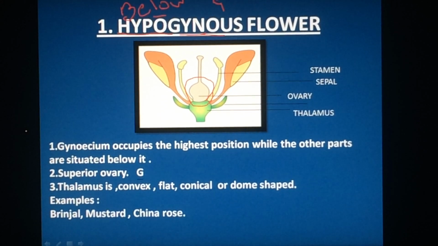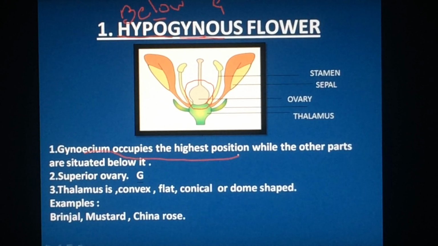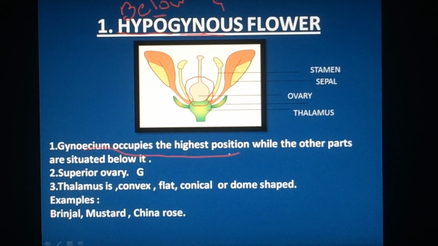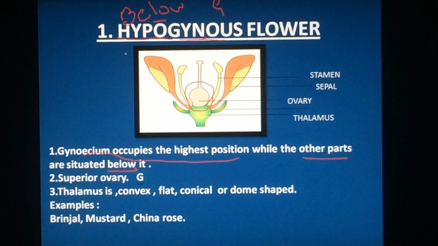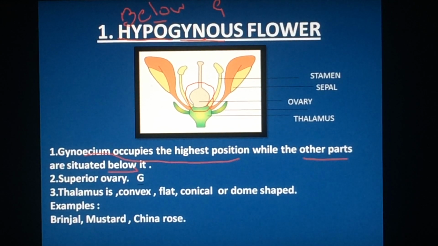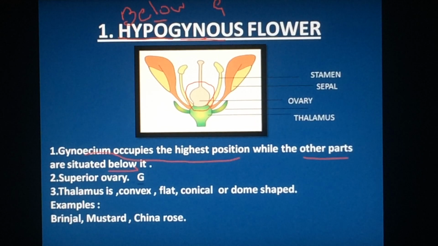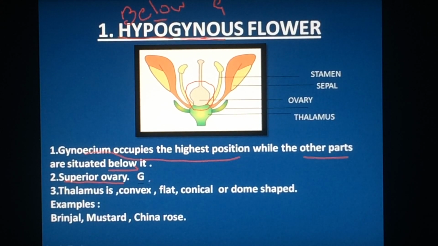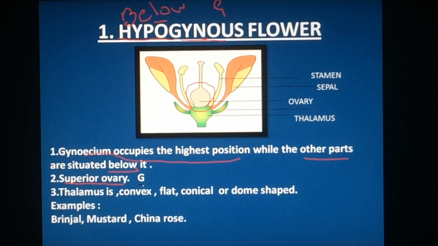Gynoecium, where gynoecium is at the highest position, top position. All other parts are present below it. That's why the name hypogynous. And ovary is at topmost. That's why it is called as a superior ovary. It is denoted by capital G. Below that line has to be drawn.